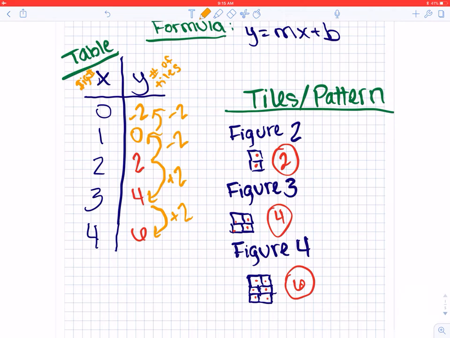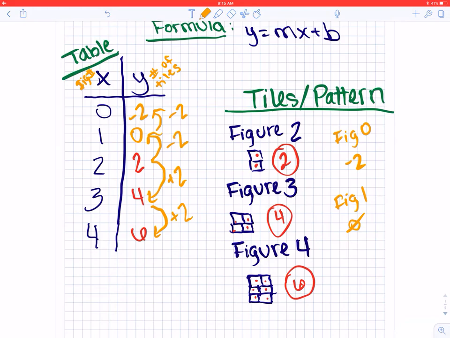So then I'd have to go back and draw my figure 0. Well, I can't really draw negative 2, so I'm going to write negative 2 so my teacher knows that I can't draw that. And then I would write figure 1. And for figure 1, I have 0 tiles. So I'm just going to write 0 because 0 is empty space. But I want my teacher to know that I understand that.